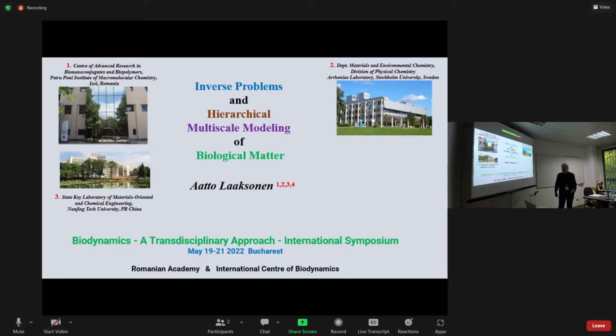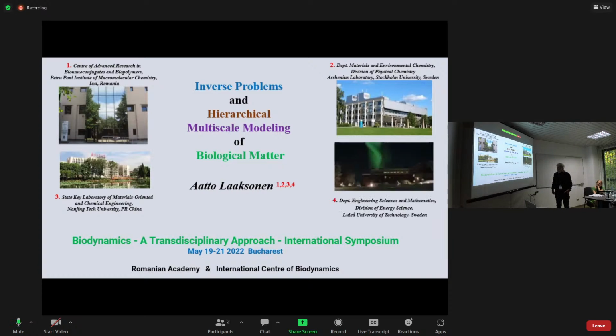I'm a member of staff there with some teaching and supervision, and also I'm a visiting professor in the most northern university in Sweden, Luleå. It's very close to the polar circle, and this picture is taken in the middle of December, where there is basically no daylight, but you can see very often beautiful northern lights there instead.